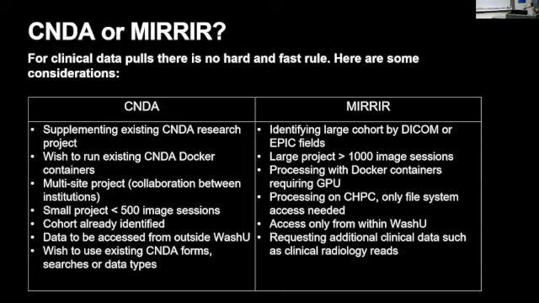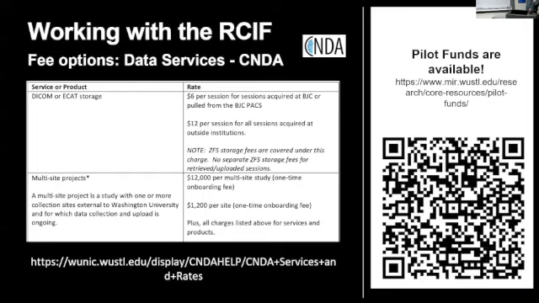Whereas MIRRIR is really for large amounts of clinical data to do a clinical study. If the need is for both, there might be cases where your locally collected data stays in CNDA and you do a big data pull in MIRRIR, but the MIRRIR and CNDA staff can help with determining where data should go.